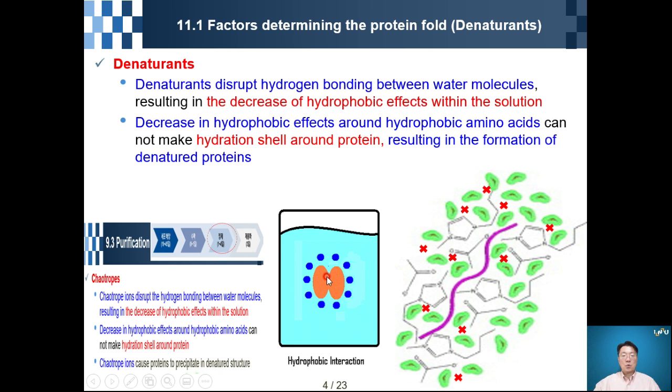When the hydrophobic effect exists, it usually can make the hydration shell, like this. So a decrease in hydrophobic effect around the hydrophobic amino acids means it cannot make the hydration shell around the proteins, maybe resulting in the formation of the denatured protein like this.